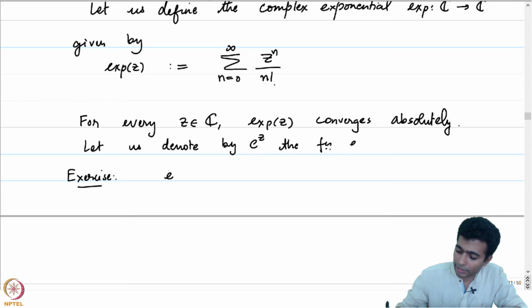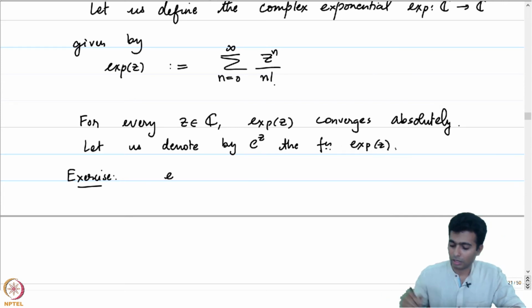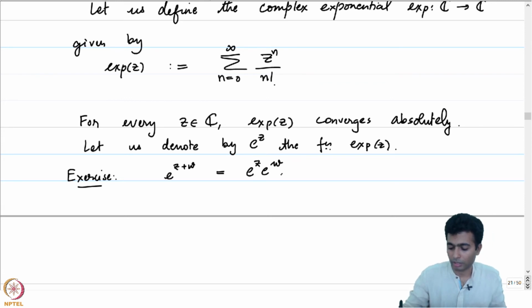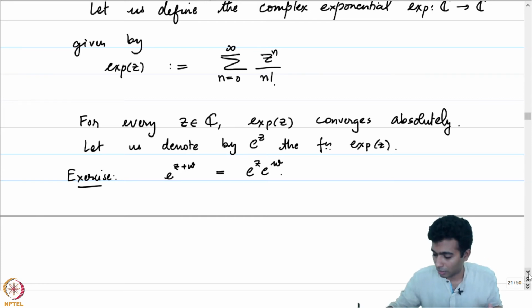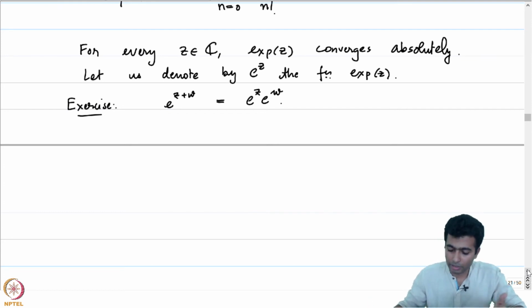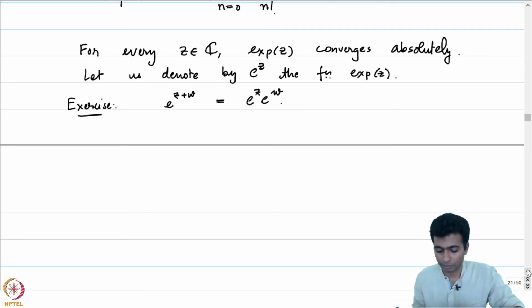The exercise is to show that e to the power z plus w is equal to e to the power z times e to the power w. The proof is actually quite similar. It crucially uses the fact that the series e to the power z converges absolutely, and by an application of Mertens' theorem, this tells us that e to the power z plus w is equal to e to the power z times e to the power w by considering the Cauchy product.